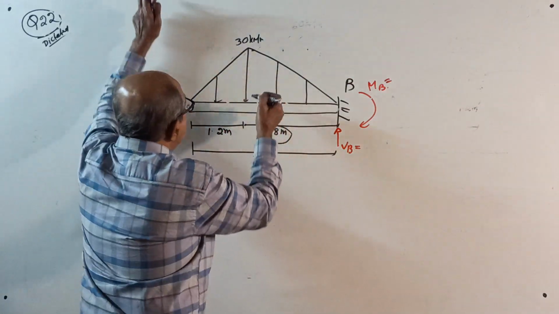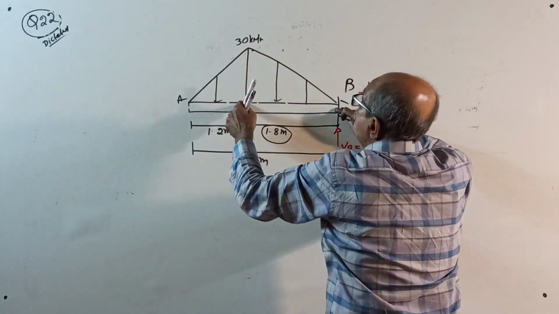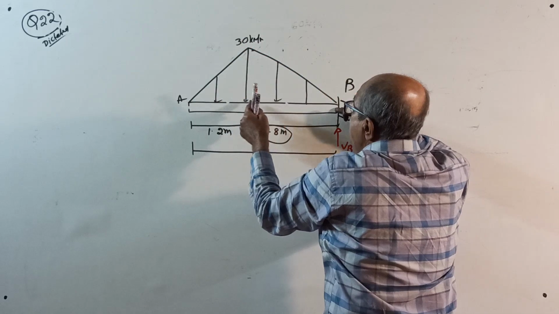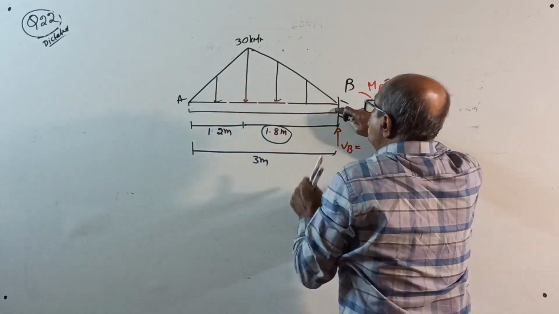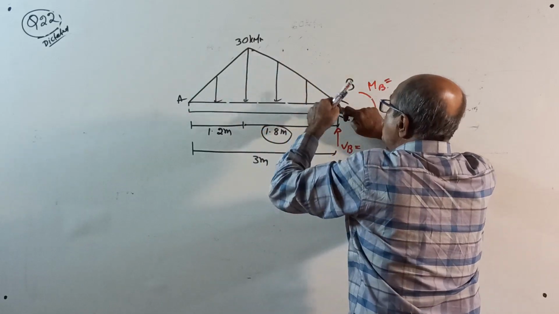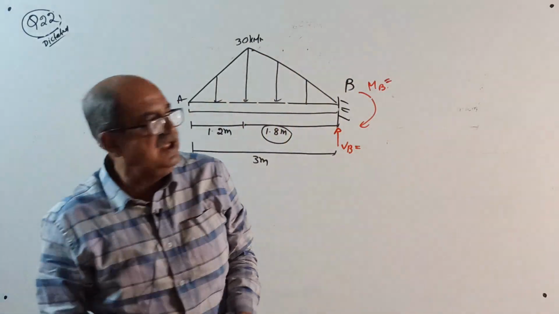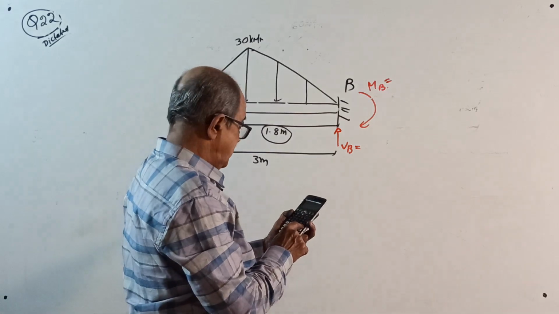Or those who find difficulty: half into 1.2 into 30 into 1.8 plus 1/3 of 1.2, and then half into 1.8 into 30 into 2/3 of 1.8. Whatever you want, you can do it. I'll give the answer for you.